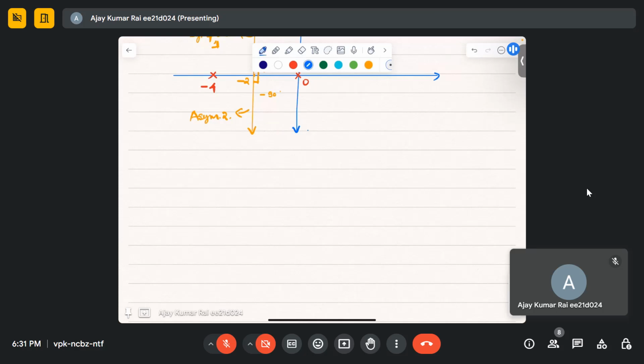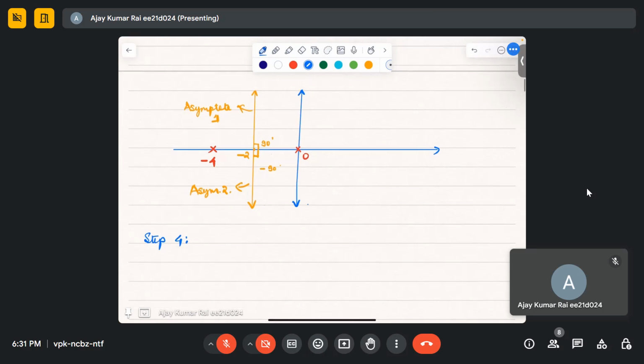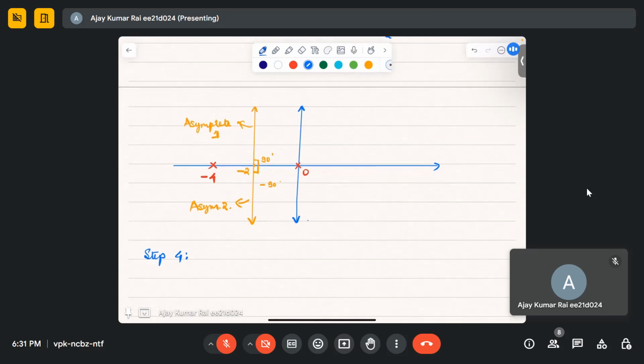What was step 4? We are finding the breakaway and break-in points. I want to ask you a question here. We have two open loop poles lying on the real axis, 0 and -4. So what do you think? Will there be a break-in or a breakaway point?